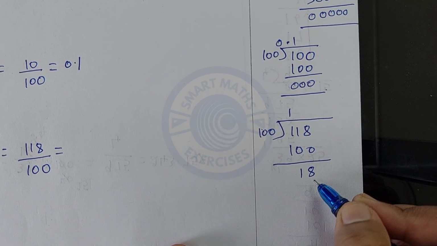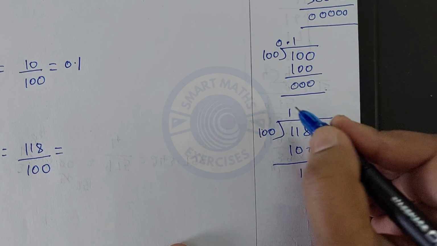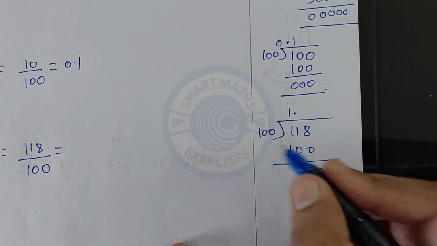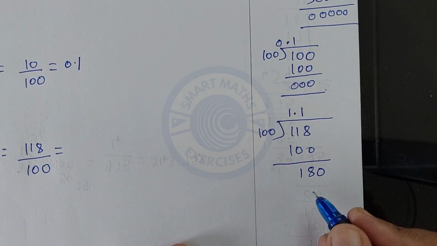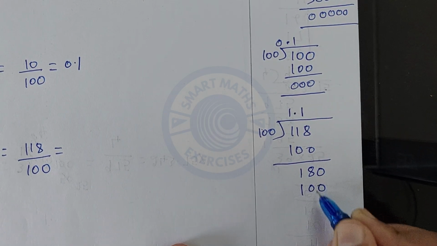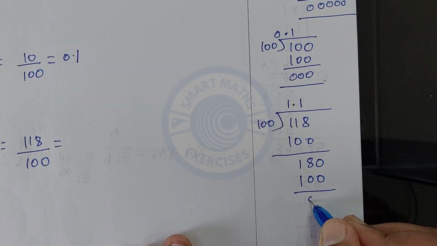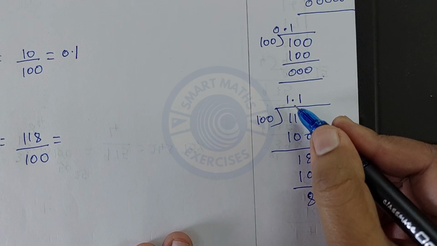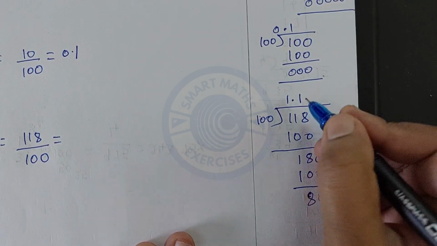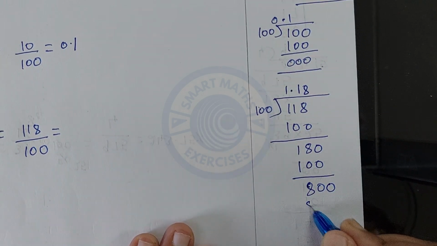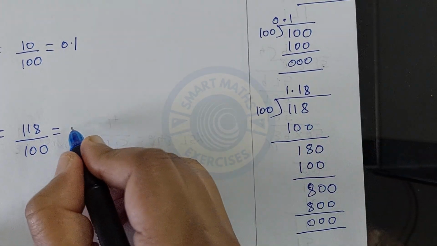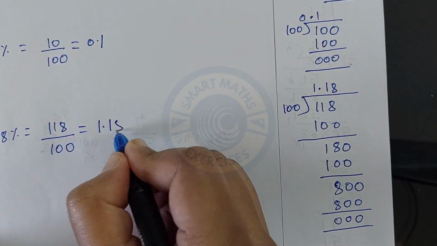Since 18 is less than 100, we have to add a decimal point and add a 0 here. 100 ones are 100. Will be left with 180 minus 100 is 80. Since we already have a decimal point here, add 0. 100 eights are 800. 800 minus 800 is 0. So answer is 1.18.